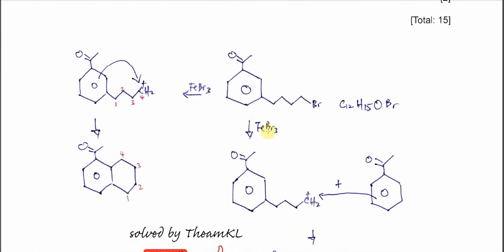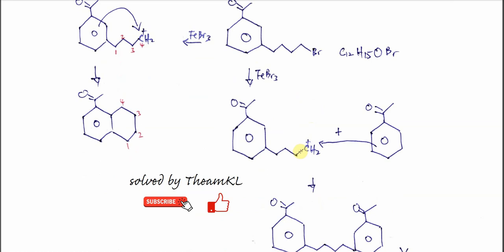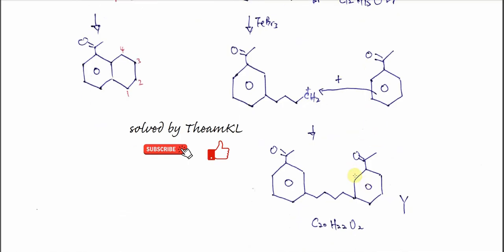This catalyst will react with the product, and because here there is the bromine, the CBr bond, if it reacts with the catalyst it forms the carbocation. The carbocation will react with another ketone, the first starting compound, and it will undergo another electrophilic substitution, forming something like this.